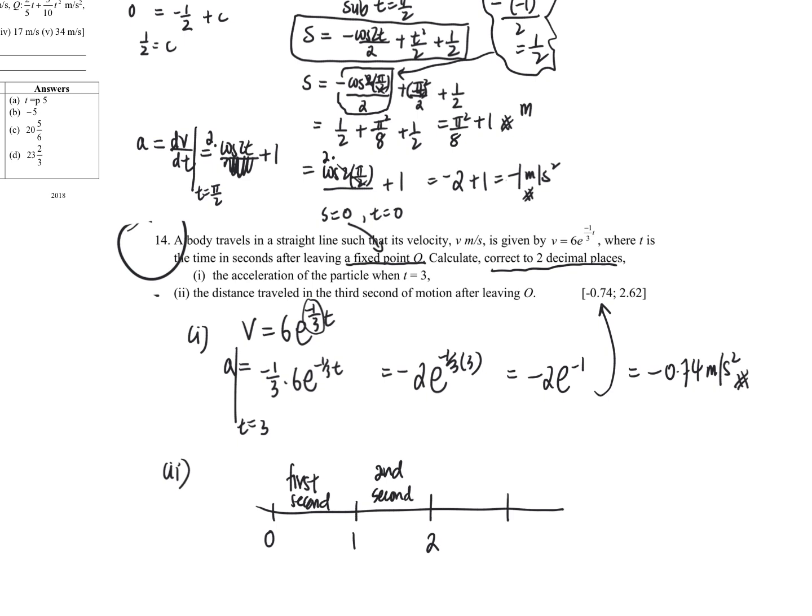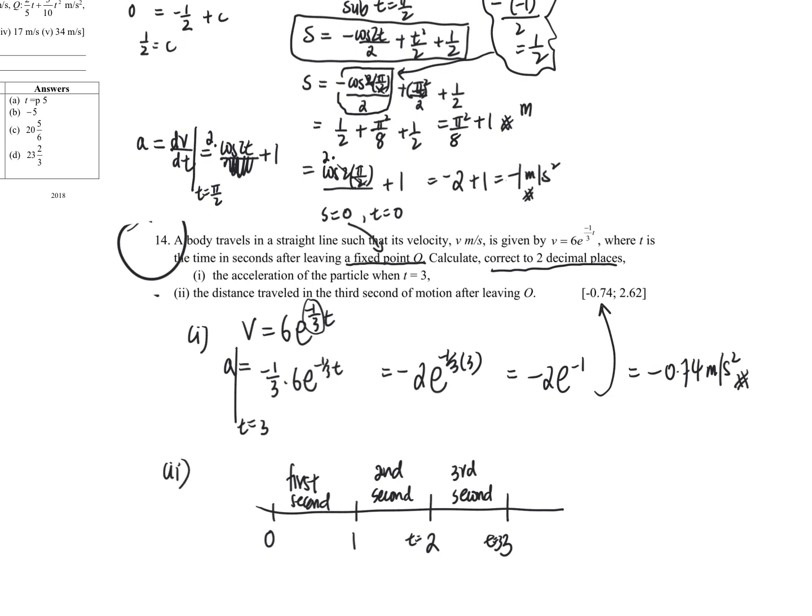When they say the 3rd second, it is the movement from time equals 2 to time equals 3. So don't belittle this one, because sometimes they say go and find the 50th second. Then you must know where it belongs. If it's the 50th second, it's between time equals 49 to 50. That is the timing that it happens.